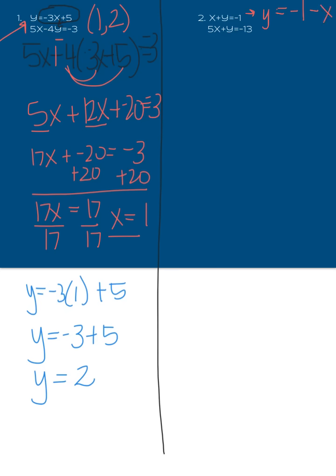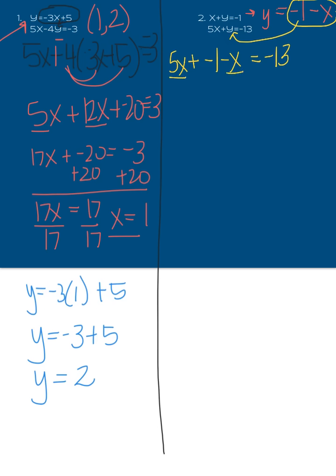I always circle what y equals, and y equals -1 minus x, and I point to where it's going to go. I'm going to substitute it in for y in the other equation. So I get 5x plus -1 minus x equals -13. And now I'm going to solve.